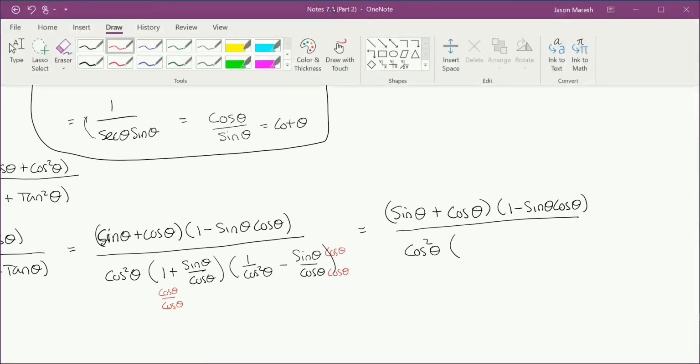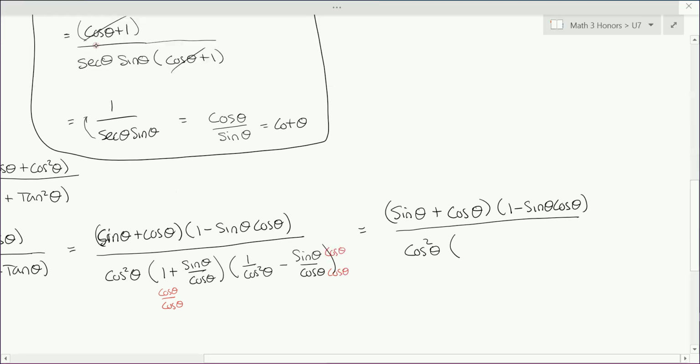And so we're going to get cosine theta plus sine theta over cosine theta, and 1 minus sine theta cosine theta over cosine squared theta.